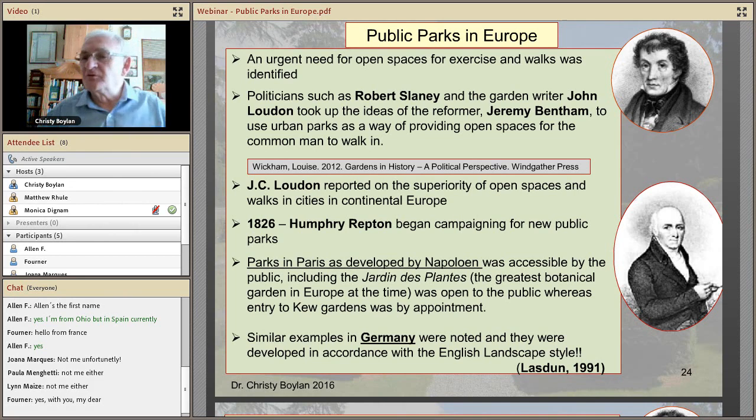J.C. Loudon, who was the garden writer, reported on the superiority of open spaces and walks in cities in continental Europe. Some of these things were actually happening in continental Europe. And Humphrey Repton, who was a famous landscape designer, in 1826 began campaigning for new public parks.